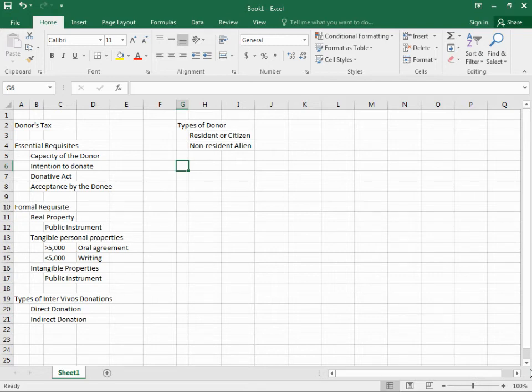So, please take note that under NIRC, that is our old tax law, nire-require nating i-classify yung donee. Classification.